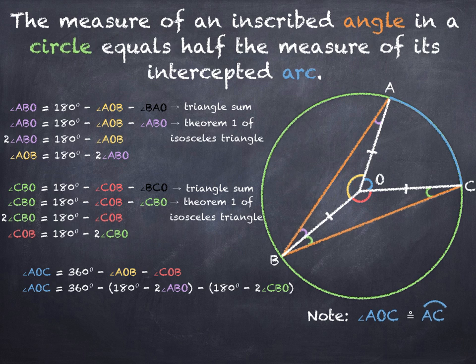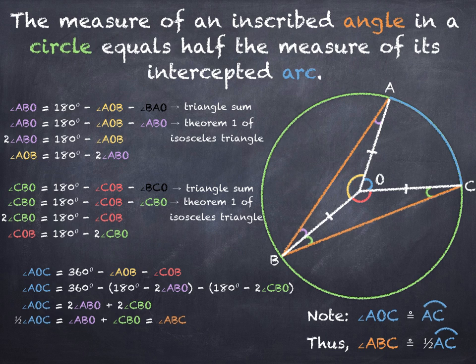By distributing, adding and subtracting, and rearranging our equation, we get that angle AOC equals 2 times angle ABO plus 2 times angle CBO. By dividing both sides by 2, we get that half times angle AOC equals angle ABO plus angle CBO, which equals angle ABC. Thus, angle ABC is equal in degrees as half of arc AC.